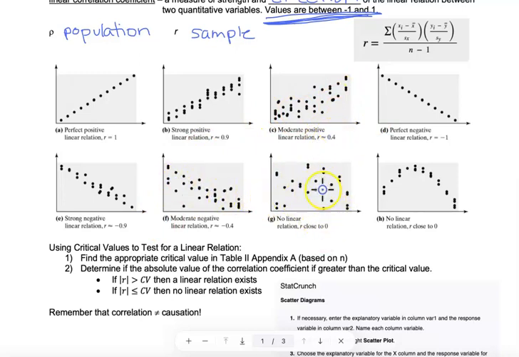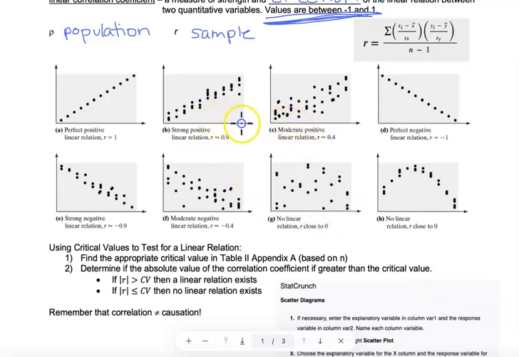Then you can see this is just a mess of dots. You can't see a linear pattern in that at all. Over here on H, just because there's a pattern doesn't mean that it's linear. This pattern is quadratic. So both G and H should have an r close to 0, meaning that there is no linear relation.